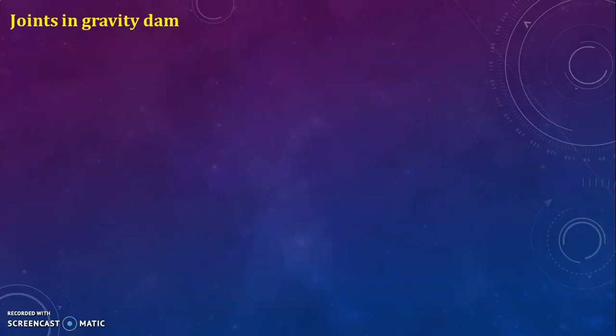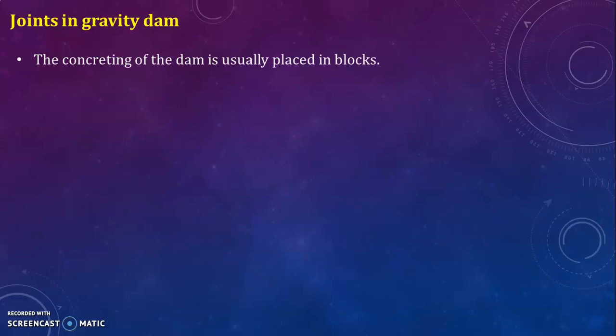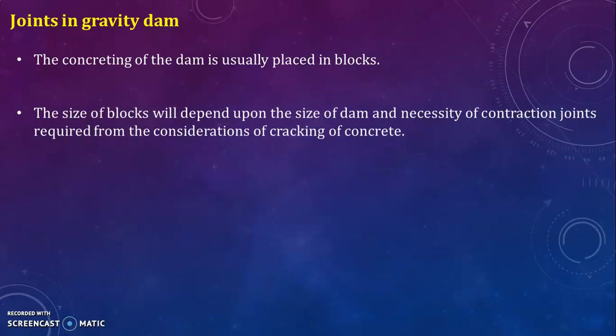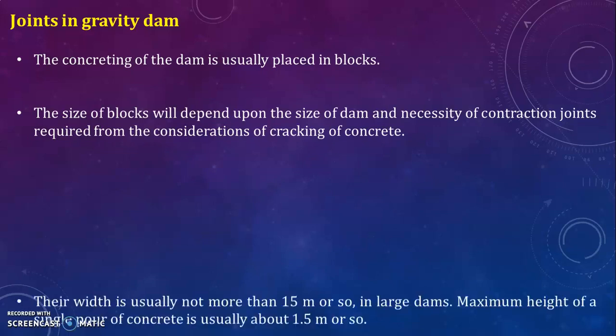Next, let us discuss joints in the gravity dam. The concreting of the dam is usually placed in blocks. The size of blocks will depend upon the size of the dam and the necessity of contraction joints required from the considerations of cracking of concrete.